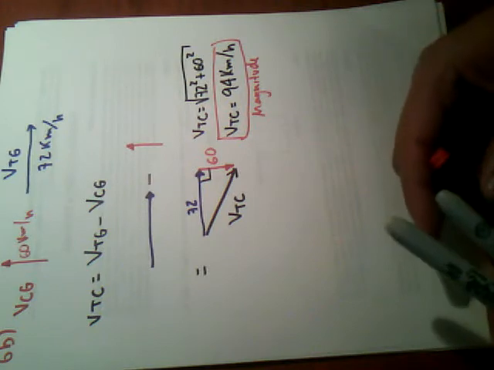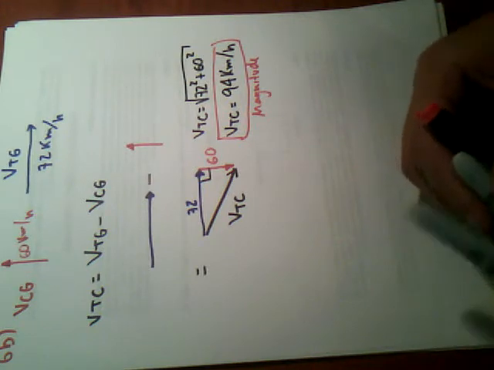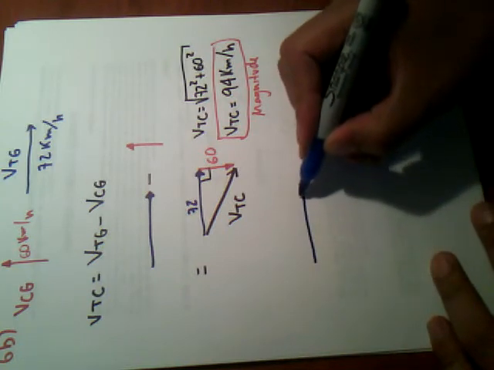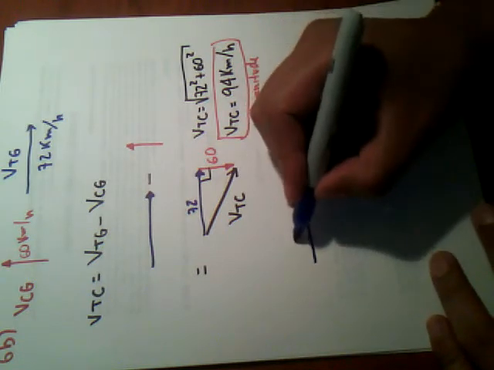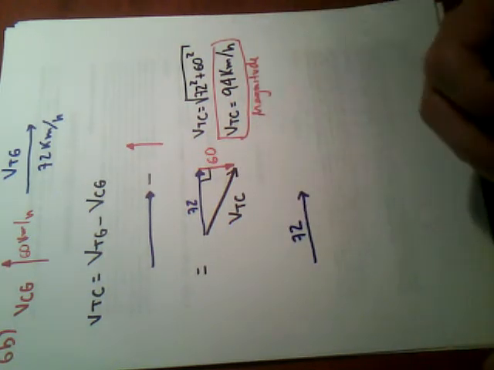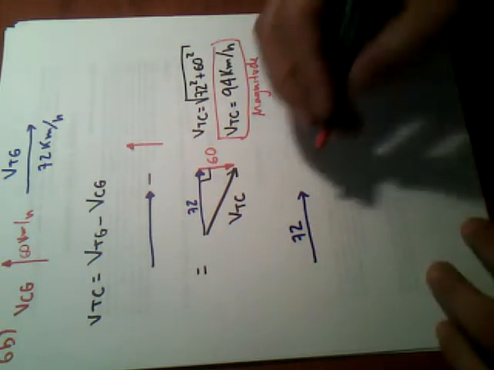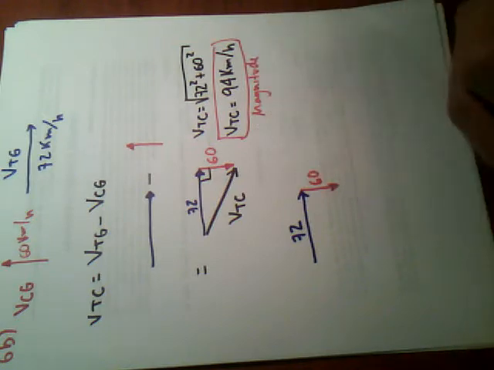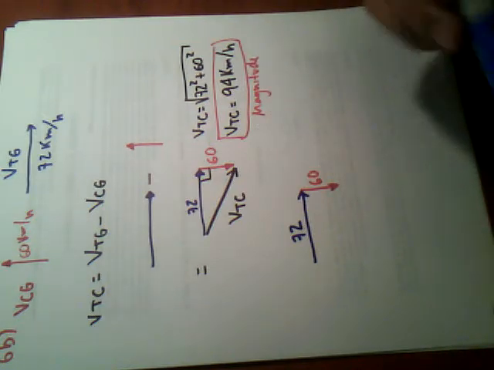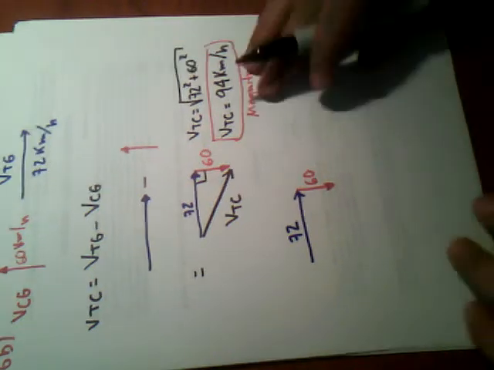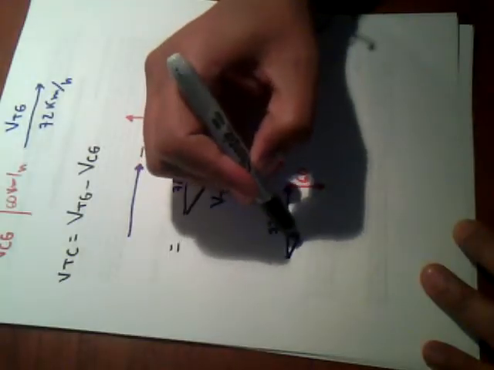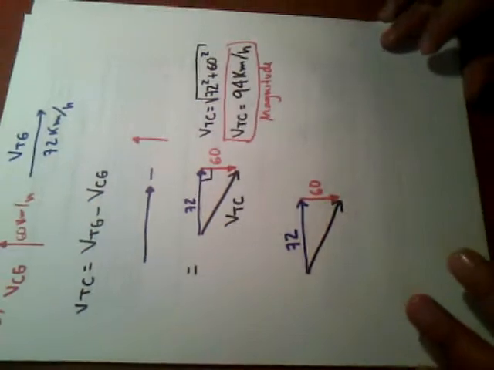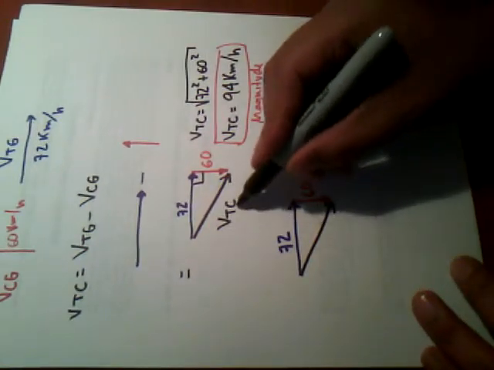So to find the direction, I'm gonna draw the same triangle again, so it's more clear for you. So we have 72 here, we have 60 here, and we have the total, the velocity of the truck relative to the car.